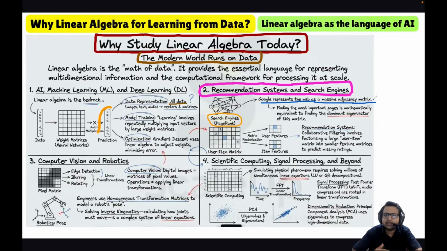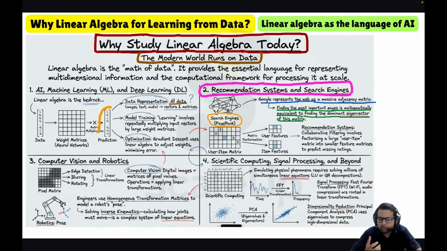Google search represents the web as a massive adjacency matrix wherein the entries of these matrices are the links between these web pages. Finding the most important pages is mathematically equivalent to finding the dominant eigenvector of this matrix.